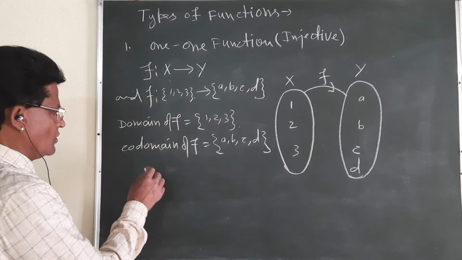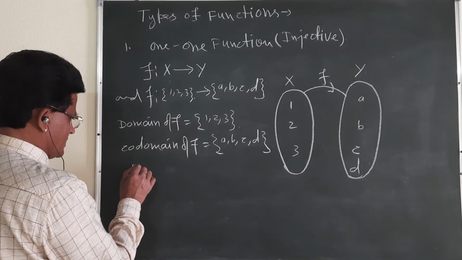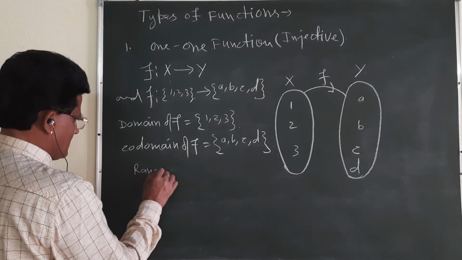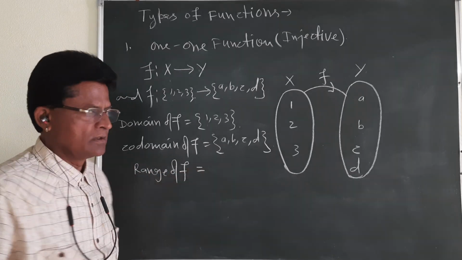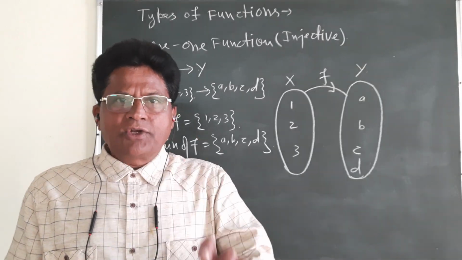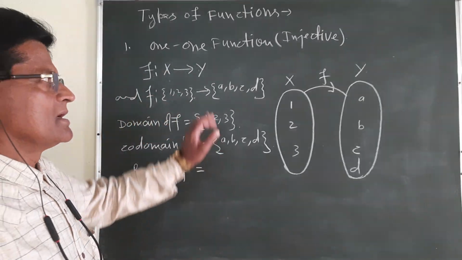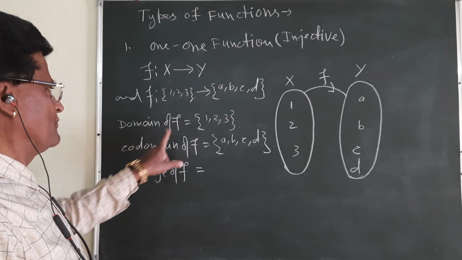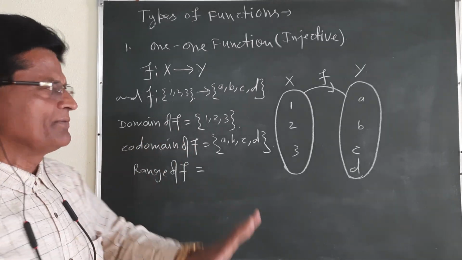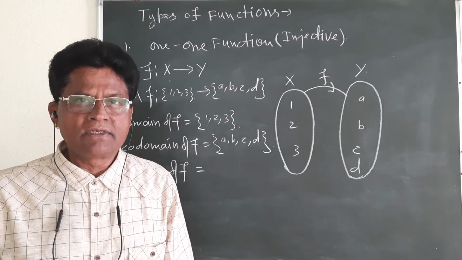But one more thing is also over here: range. Range of f. As I told you, if you want to understand the types of functions properly, domain of f, codomain of f, and range of f should be clear to you.